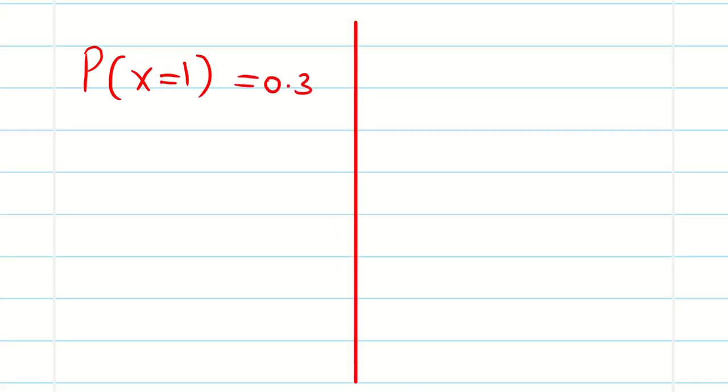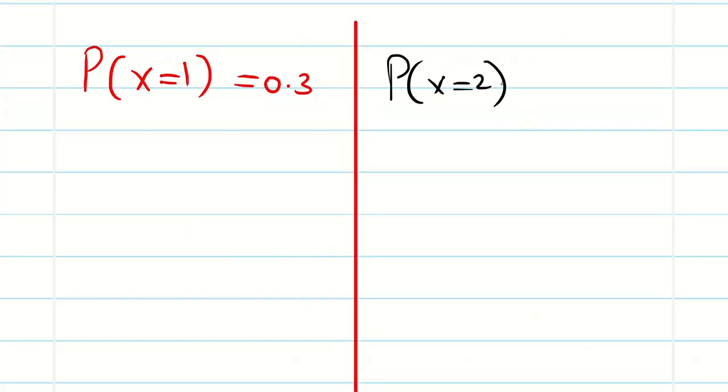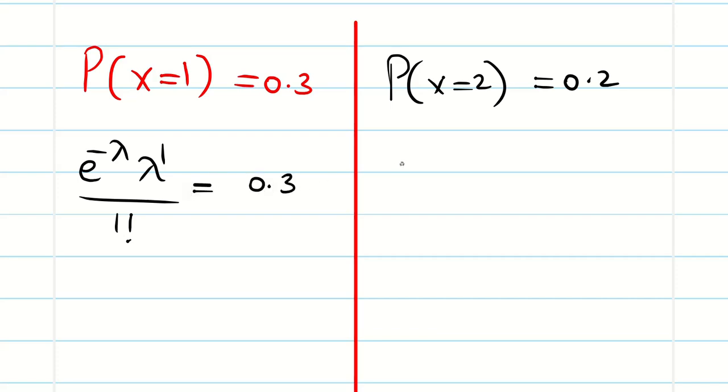then P(X = 2) is 0.2. So let us apply the Poisson distribution. The formula is e power minus lambda, lambda power x by x factorial. So for x equal to 1: e power minus lambda, lambda power 1 by 1 factorial is 0.3.